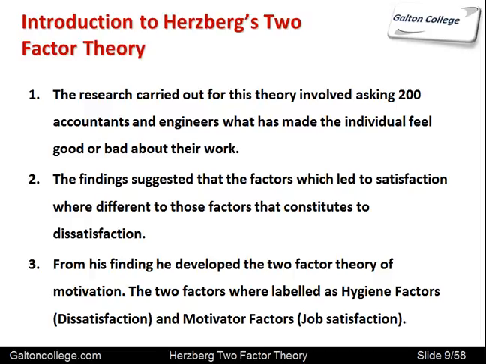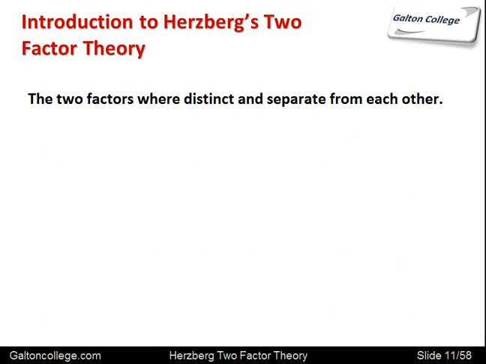And it's a question of determining which one is dominant and which one prevails within an organization as to gauge how motivated the staff are. The two factors were distinct and separate from each other.